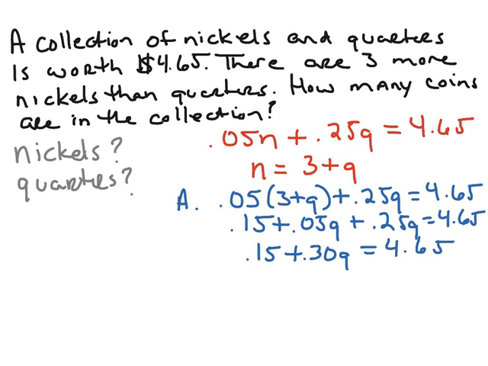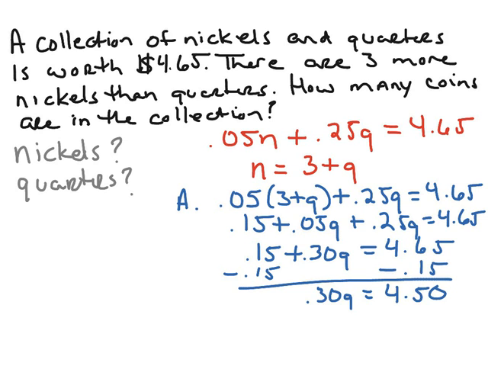So I'm solving for Q. The next thing I'm going to do is subtract 0.15. So now I've got 0.30 Q is equal to, if I subtract 15 cents from $4.65, $4.50.